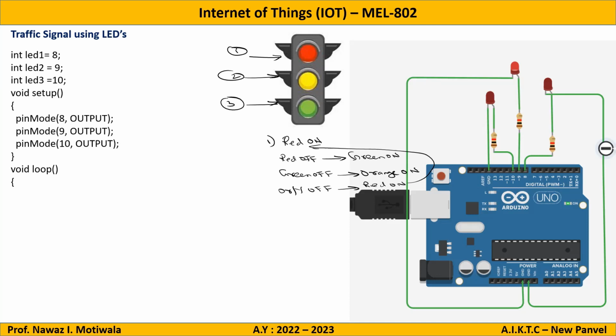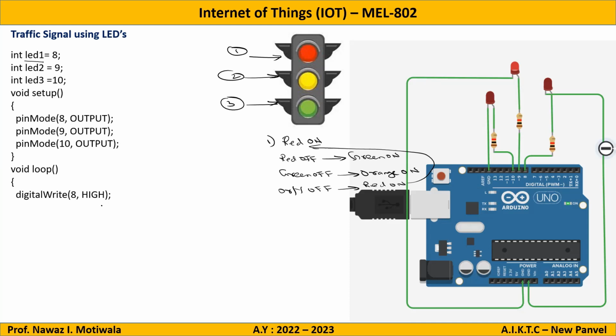I will write here digitalWrite(8, HIGH), because 8 I have assigned to LED1. Here you can write any of the 4 syntax as I told you. You can also write digitalWrite(8, 1), digitalWrite(LED1, HIGH), or digitalWrite(LED1, 1). So all the 4 syntax are possible.